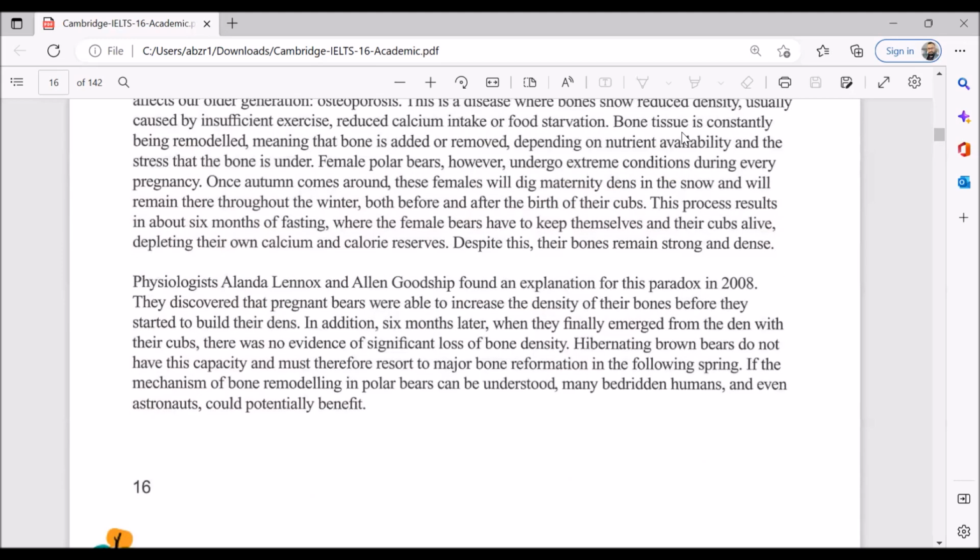If the mechanism of bone remodeling in polar bears can be understood, many bedridden humans and even astronauts could potentially benefit. Yes, they could.